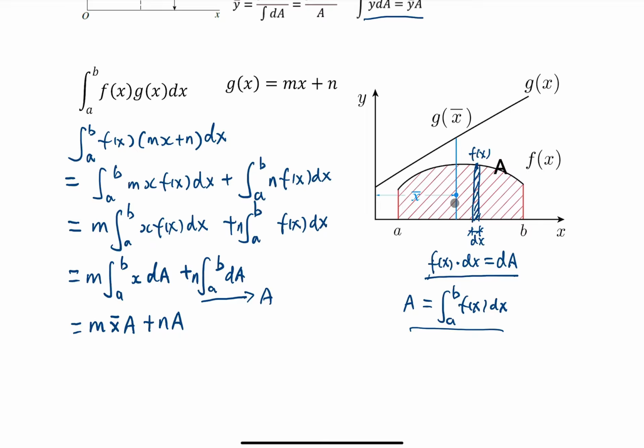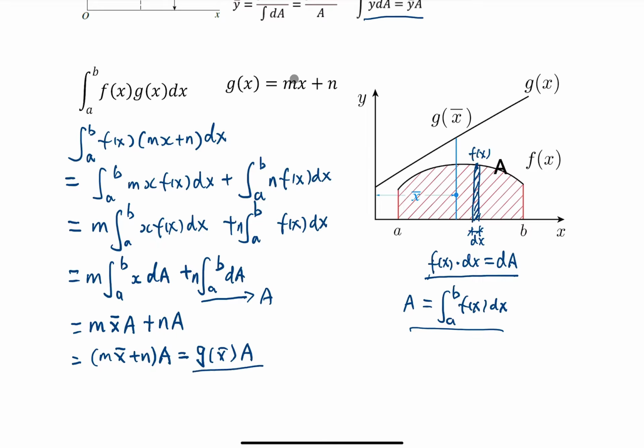The centroid point is shown here as the blue dot. If we do one more step, we got (m x bar plus n) times A. Look at here, m x bar plus n is basically x equal to x bar, so we can express this m x bar plus n using g(x bar) times A.